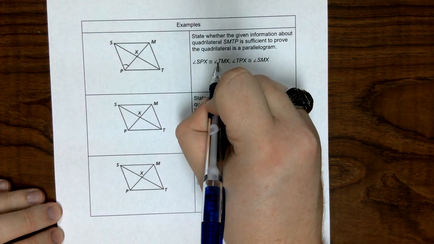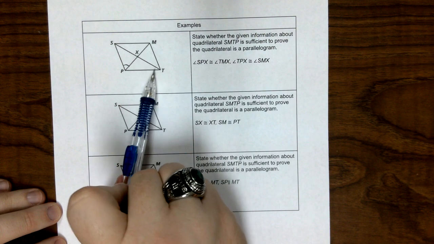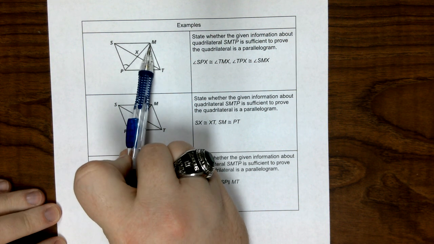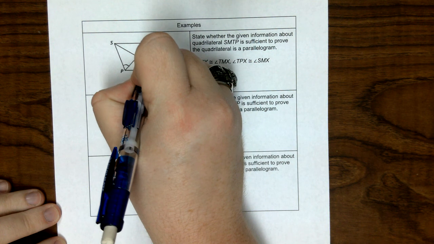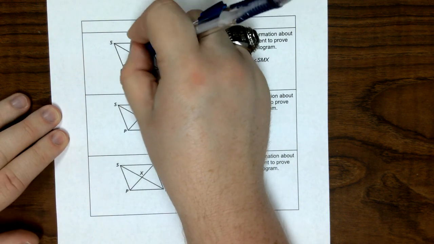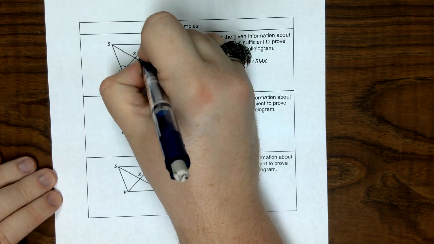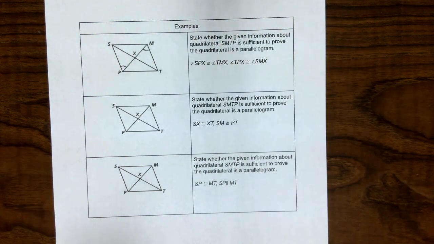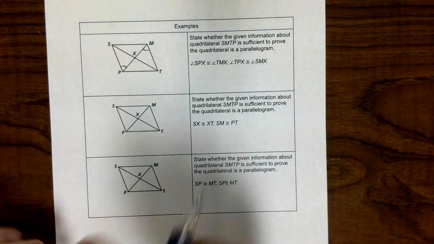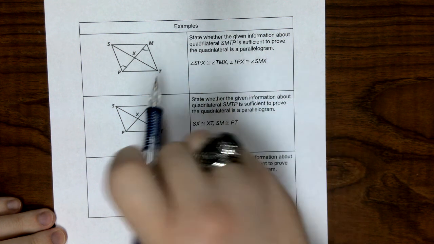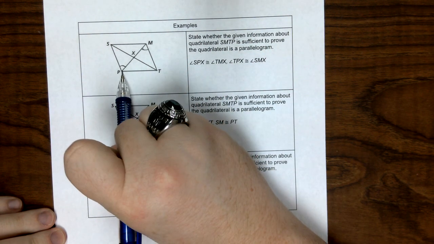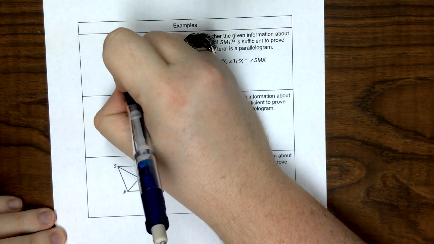That is congruent to TMX. So TMX, which means this guy right here gets one arc measure there, one little arc. Right? Now, they're also saying that TPX, so T to P to X. So what's this other piece over here?